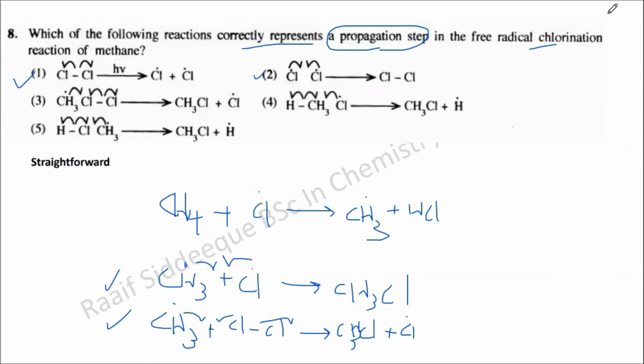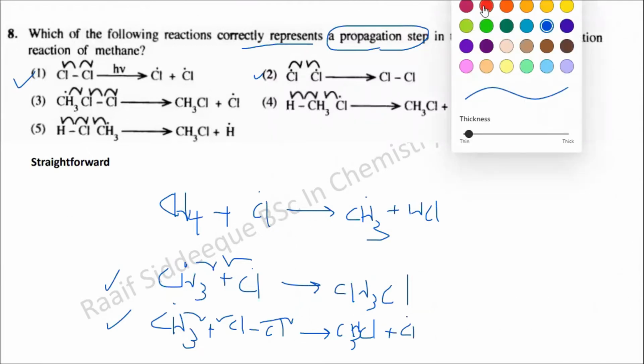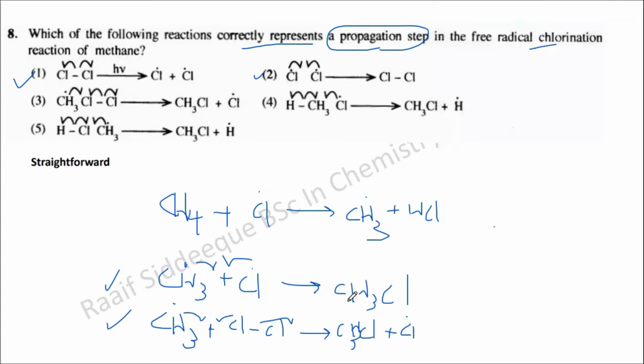Try to understand, okay? Here you can see CH3Cl is formed in both occasions, right? So this is a step that provides you CH3Cl in the mixture.